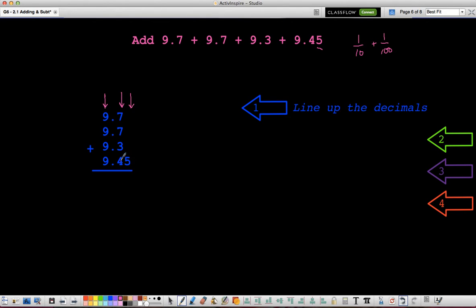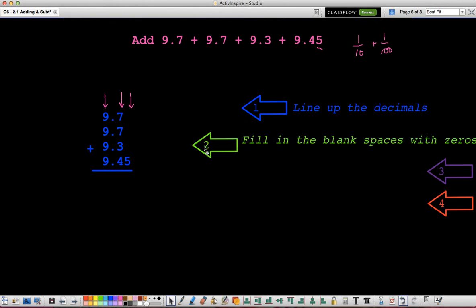Now this seems awkward because it's off to the side, but that's okay because 5 hundredths is by itself. There's no other number that has a value in the hundredths place, and that's okay. We're going to show you how to work with that. You actually do the same thing when you're adding with whole numbers, you just don't realize it. So if you think you know the answer to that, we'll talk about it in class.